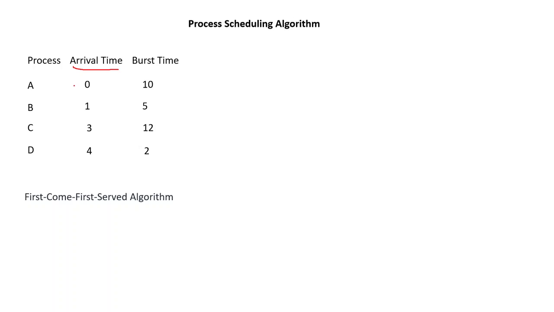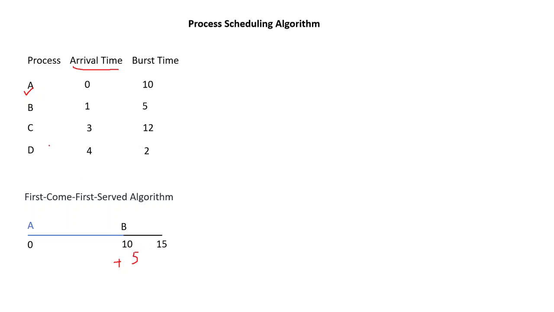So let's get started with the Gantt chart. We start from time point 0. From time point 0 to time point 10, A, which is the first process to arrive, executes. The next process, B, executes from time point 10 to time point 10 plus 5, so time point 15.